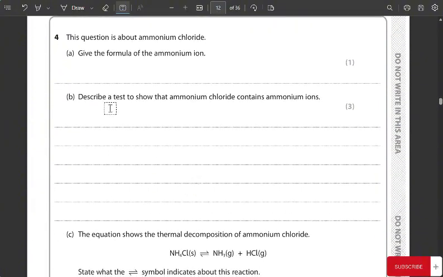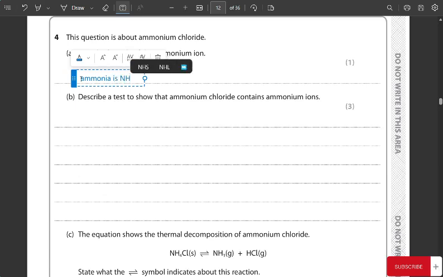And the fourth one: this question is about ammonium chloride. Give the formula of the ammonium ion. We know that ammonia is NH3, and the ammonium is NH4.